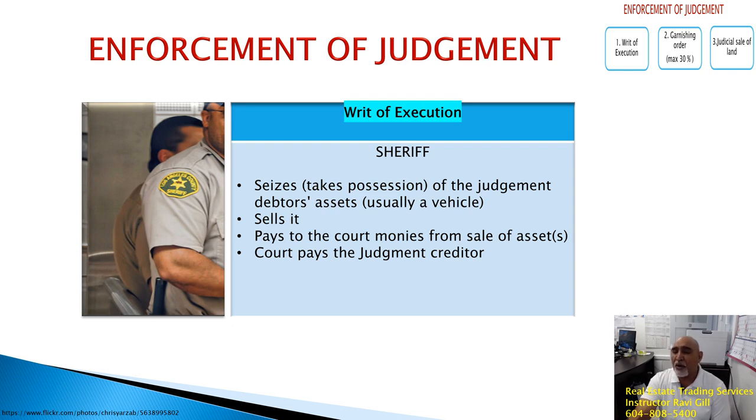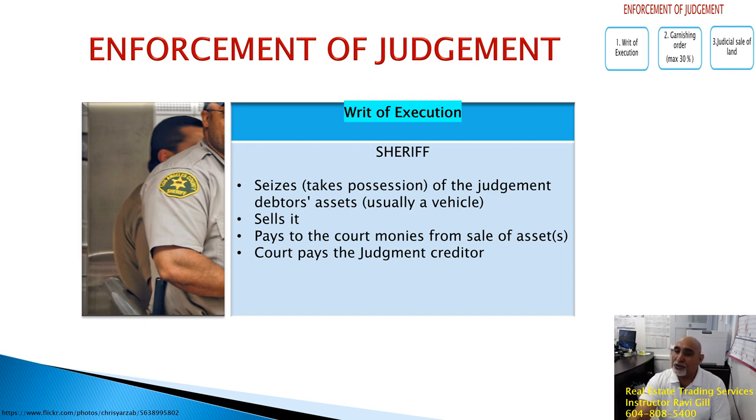And let's say the judgment debtor has a car, then the order will be for the sheriff to take the judgment debtor's car, sell it, then the money from the sale goes to the court, and then the court will pay the judgment creditor. You notice the money doesn't come directly to the judgment creditor. It goes through the court, then the judgment creditor. So that's called writ of execution. Sometimes just the word execution is used.